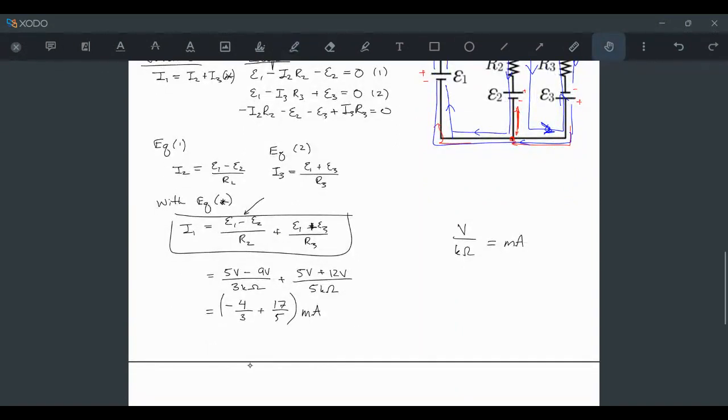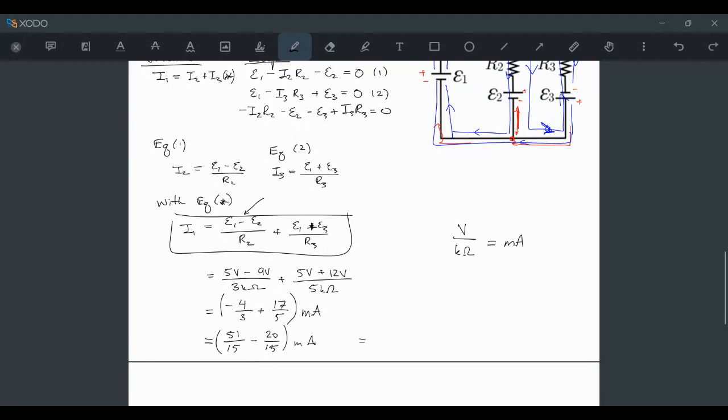It should be obvious that 17 over 5 is bigger than 4 over 3, so this whole thing will come out positive, but just to verify that, let's put them over a common denominator. 17 times 3 is 51 divided by 15, and 4 times 5 is 20 divided by 15.